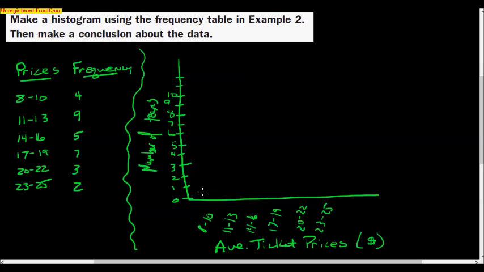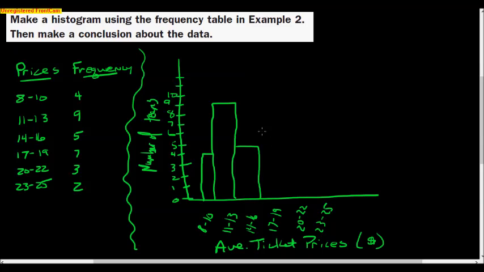So from 8 to 10 we had 4. So I go up to 4. And a ruler would be nice, but I don't have one. And 11 to 13. Here's the thing with histograms, though, is the bars connect. So 11 through 13, we got to go up to 9. So I'm going to go right up to here. Again, graph paper would be awesome right now. You see I can't draw a real straight line. Number 5, or number 14 to 16 would be 5. So this is nice. I can just go bloop, bloop.